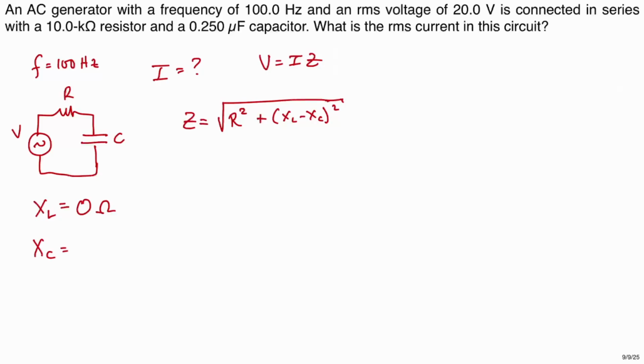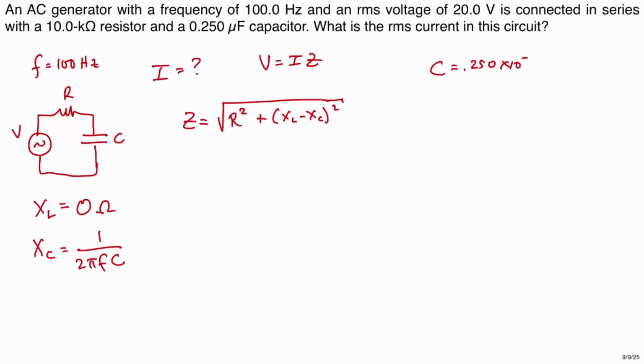So what's XC going to be? 1 over 2 pi f times the capacitance. Well, what's the capacitance? It says 0.250 microfarads. And you know me well enough now to know what I'm going to insist on, for safety purposes: convert it. Don't use micro.